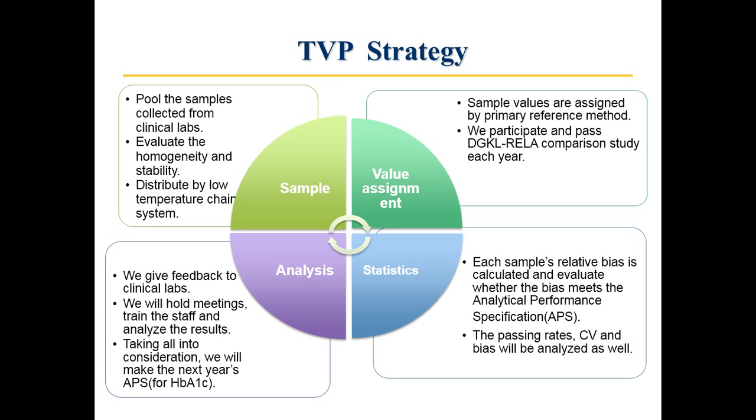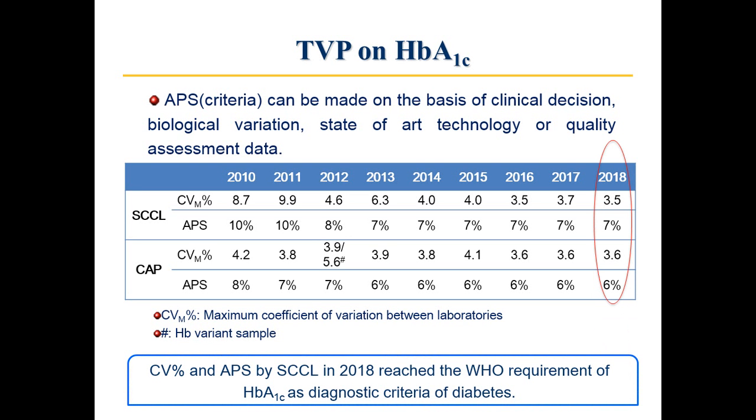Taking all into consideration, we will make the next year's criteria for HbA1c. Analytical performance specification can be made on the basis of clinical decision, biological variation, state-of-art technology, or quality assessment data.